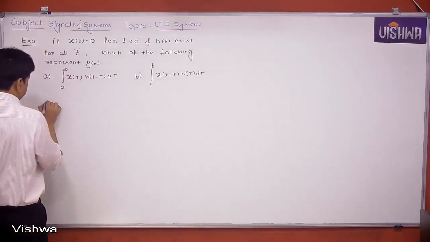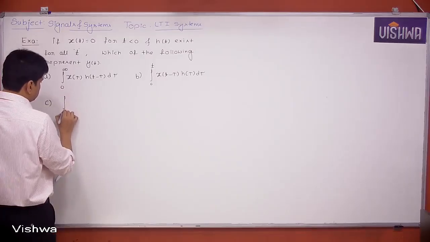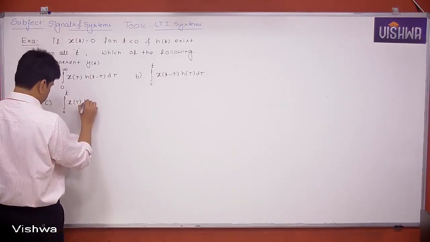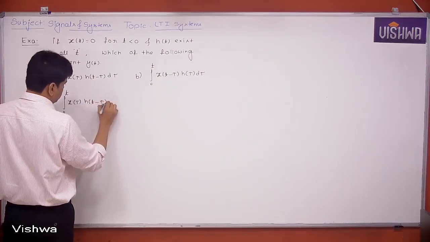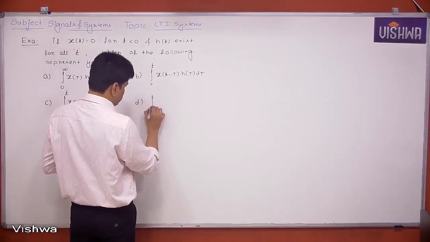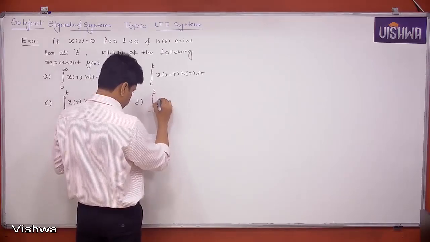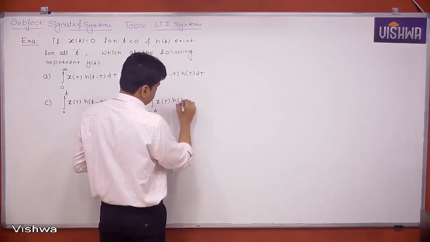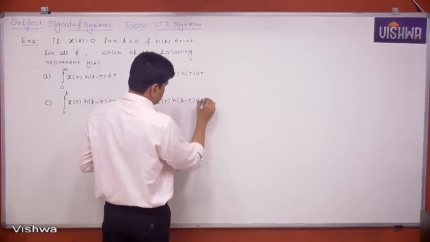Option C, integral 0 to t x of tau h of t minus tau d tau. Option D, integral minus infinity to t x of tau h of t minus tau d tau.